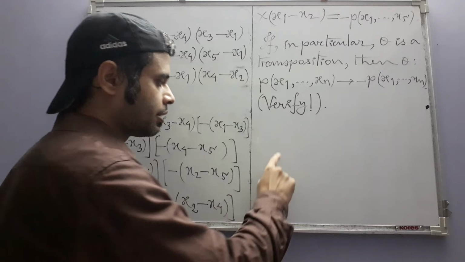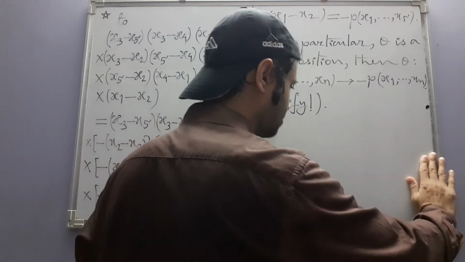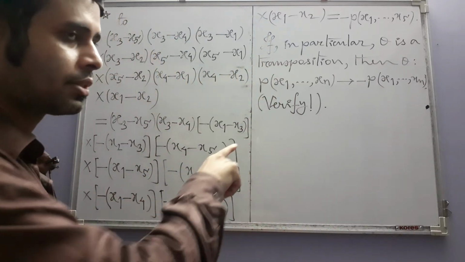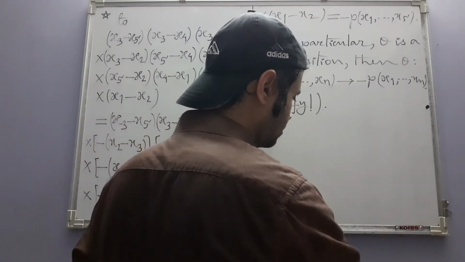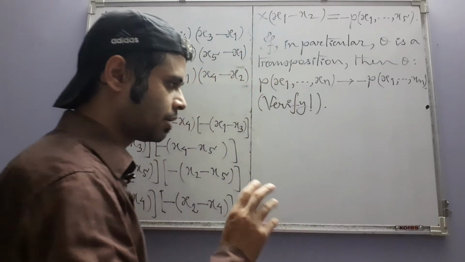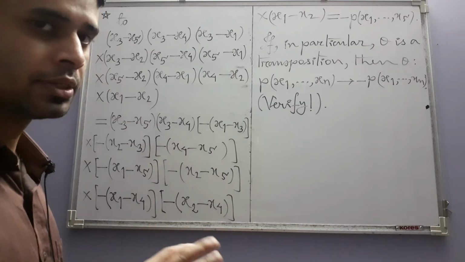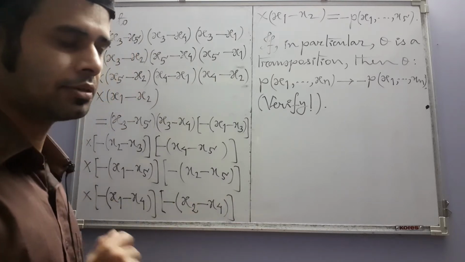Because the representation with an even number of transpositions gives you p, whereas the other expression with an odd number of transpositions would give you minus p. That cannot be, because theta is a single permutation.